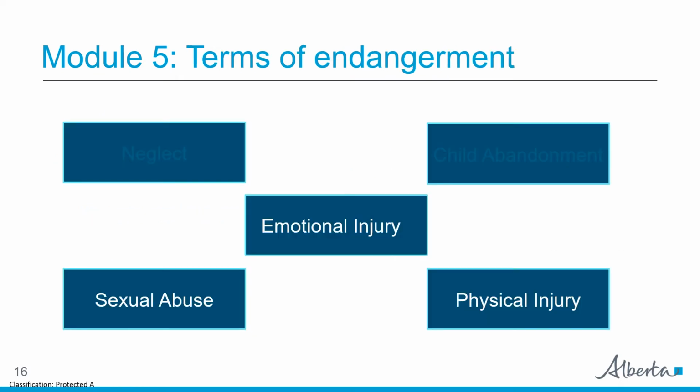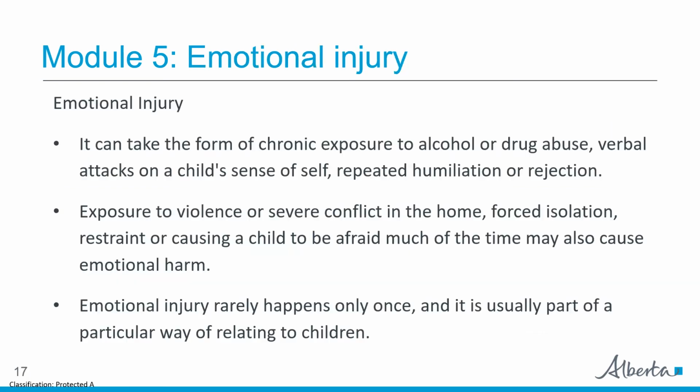Module 5. Terms of endangerment. Emotional injury. It can take the form of chronic exposure to alcohol or drug abuse, verbal attacks on a child's sense of self, repeated humiliation, or rejection.